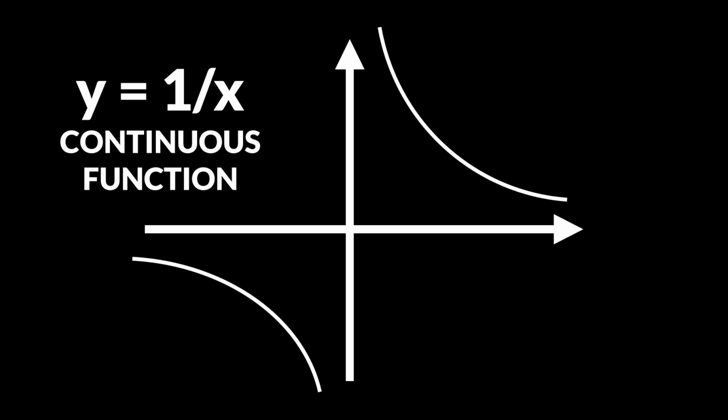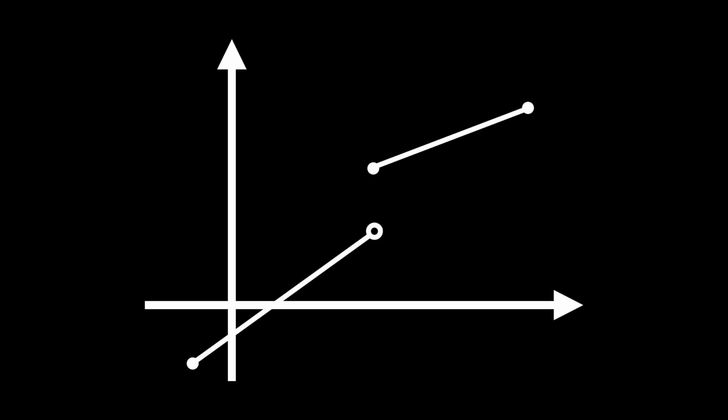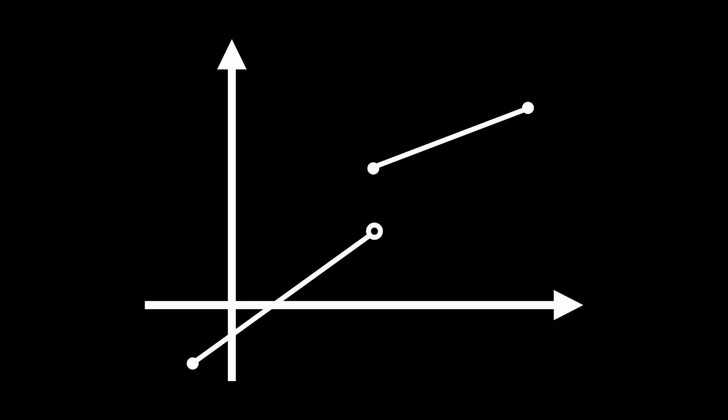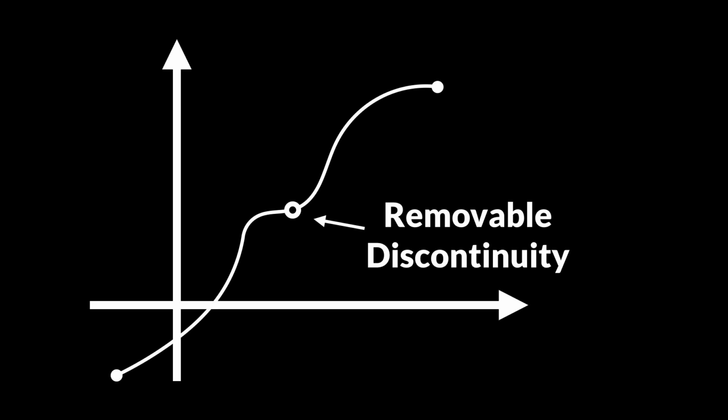So sometimes you will get a function that is not continuous at a couple points, and these points are called discontinuities. The discontinuity in this case is the point here, and it is a jump discontinuity. There are four major types of discontinuities.